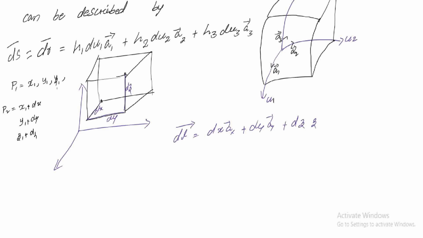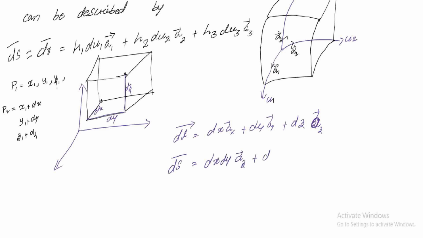In the Cartesian coordinate system, we have x, y, z as the coordinates. In the cylindrical coordinate system, we have rho, phi, and z. In the spherical coordinate system, we have r, theta, and phi. Sometimes in some books you may find rho in the place of r.